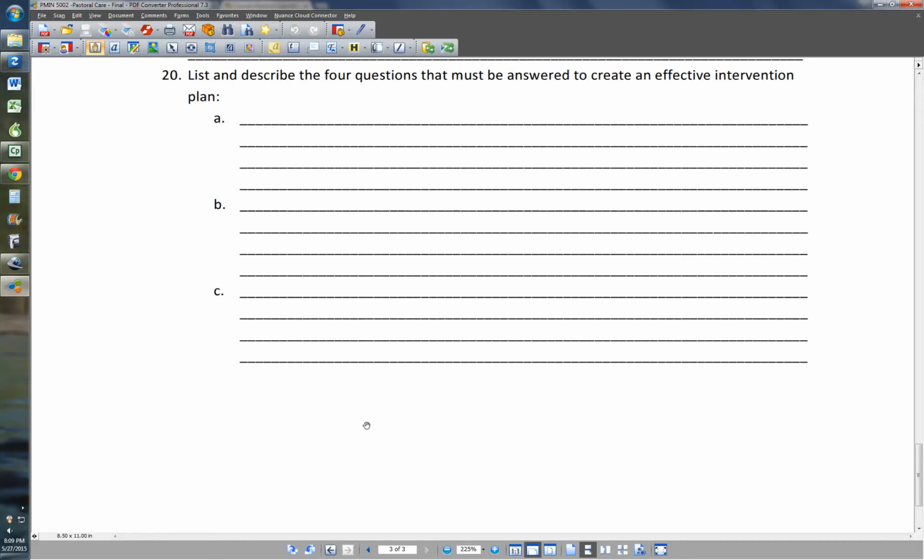So the 4 questions are: 1, what is troubling the person? 2, what is causing this? Right? 3, what is missing? Right? And then number 4, what is needed? Right? So whenever you answer this one, fill in all 4.